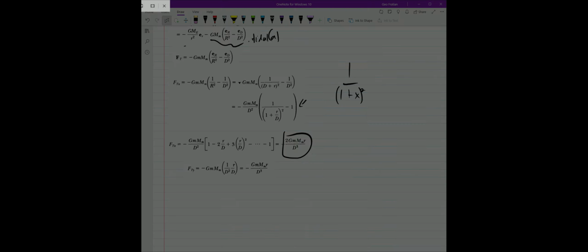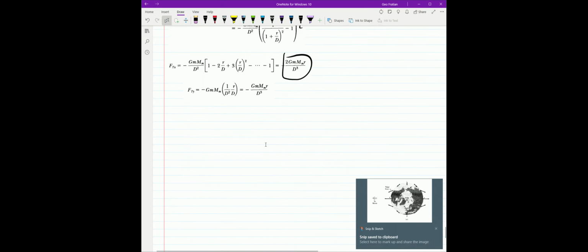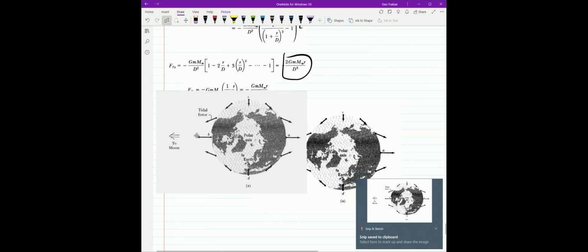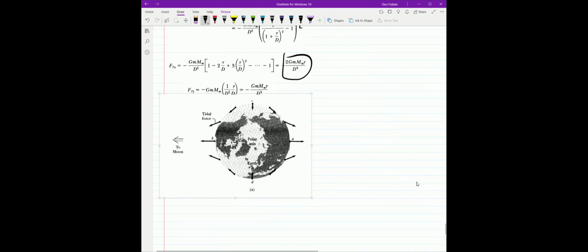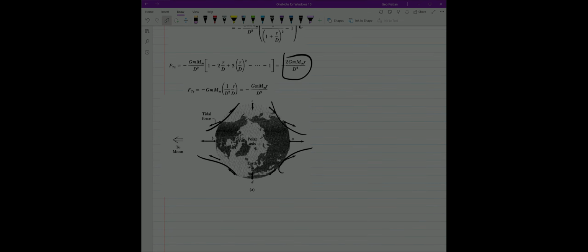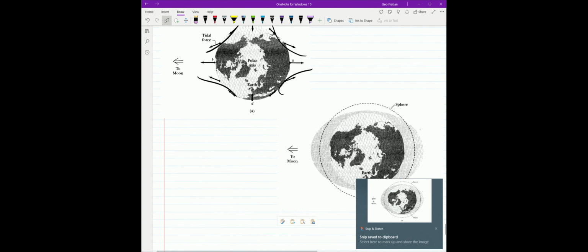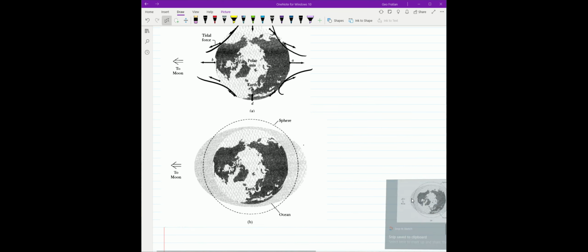So if we look at the Earth again in a nice little diagram, we see the tidal force is acting on both sides like that. In other words, if we approximate the Earth as a sphere, since the ocean water is much more mobile than the other mass that's landlocked, that can expand, and that's what causes the tides.